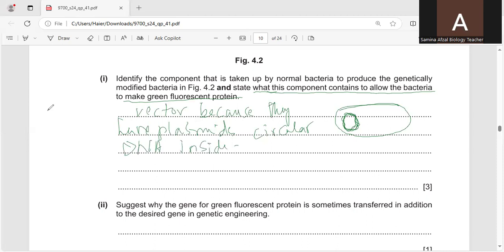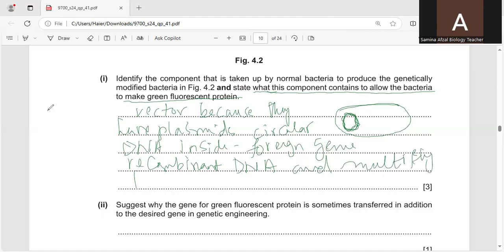The quality of a plasmid is that it can bind itself with foreign genes and change into recombinant DNA, and multiply to produce the required genes. So in this way, the fluorescent proteins are formed.